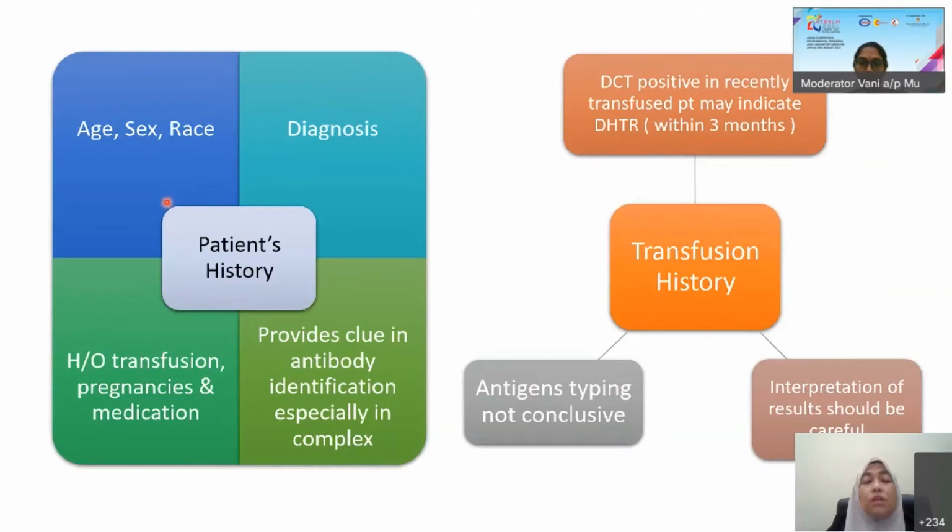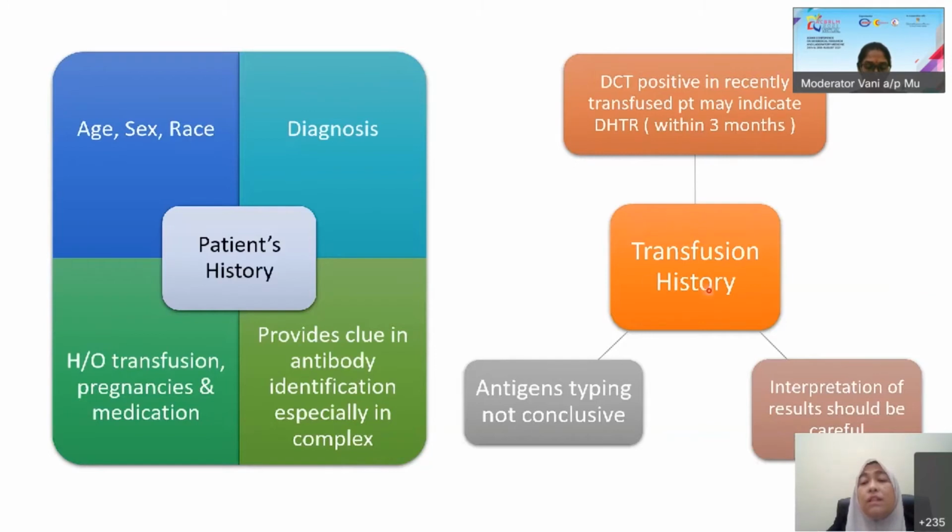The ward should write all these particulars of the patient in order for us to get a clue for the testing. The patient history includes age, sex, race, diagnosis, history of transfusion, pregnancy, and medication. All these particulars can provide a clue to us, especially in complex antibody cases.